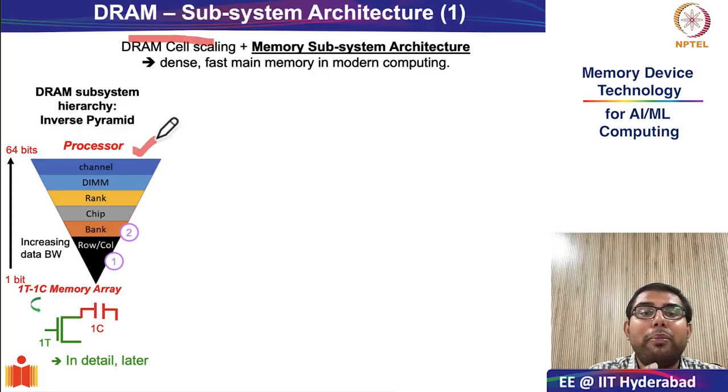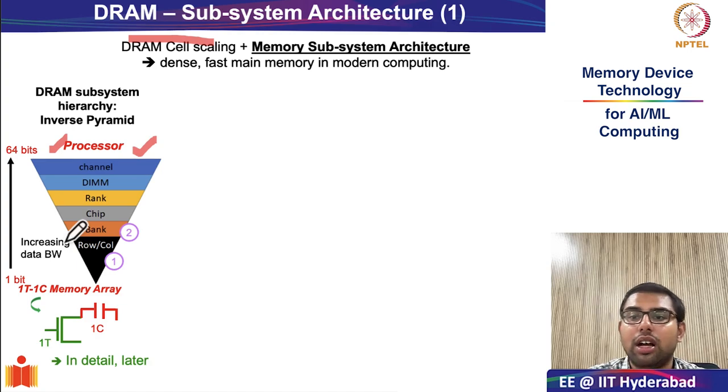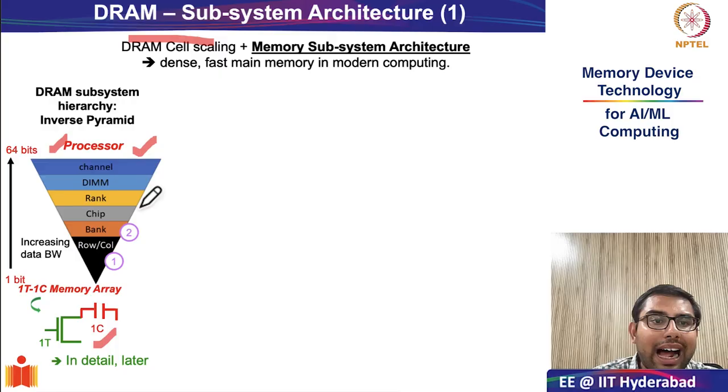Why is the pyramidal structure inverted? This is because at the top of the pyramid is always the processor subsystem, right? And at the bottom is your 1T, 1C DRAM cell. So at the top, you have the interface which gives the processor 64 bits, or whatever the word length of the processor is.